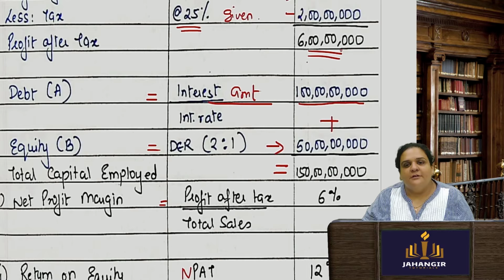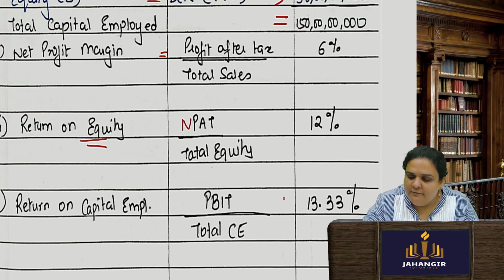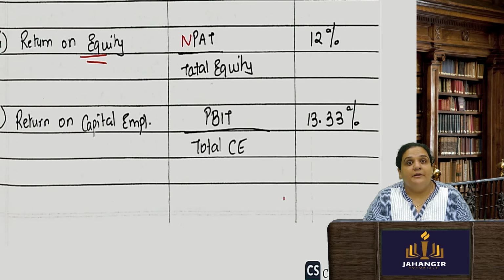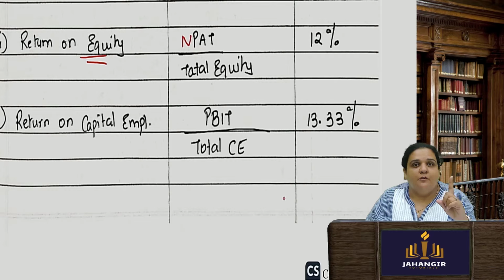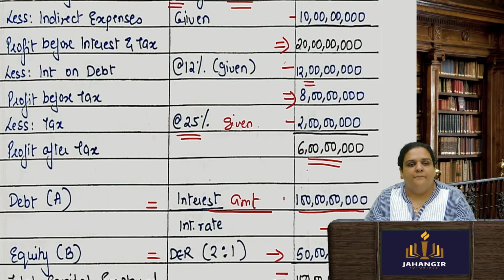Net profit after tax 6 CR, total equity is 50 CR. 6 divided by 50, 12%. Return on capital employed is profit before interest and tax. That is how much? 20 CR. Profit before interest and tax is 20 CR here.